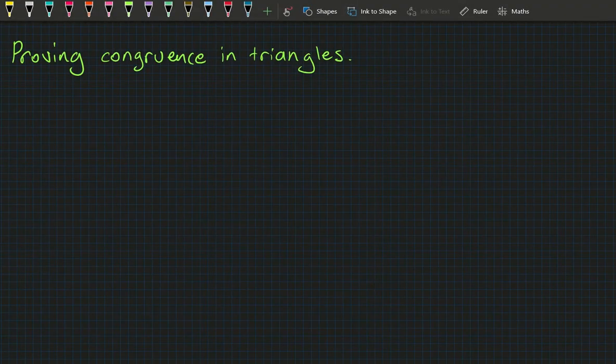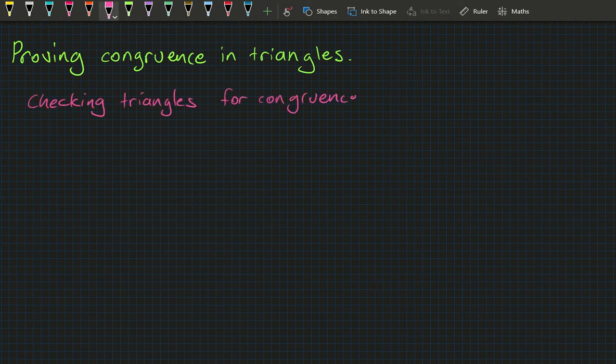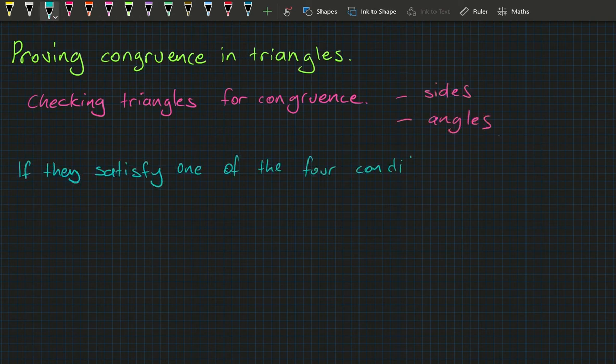In this section, we'll be analysing triangles to prove whether they are congruent or not. We'll be checking if angles or side lengths match. If they do satisfy one of the 4 sets of conditions, we declare that the two triangles are congruent to each other.